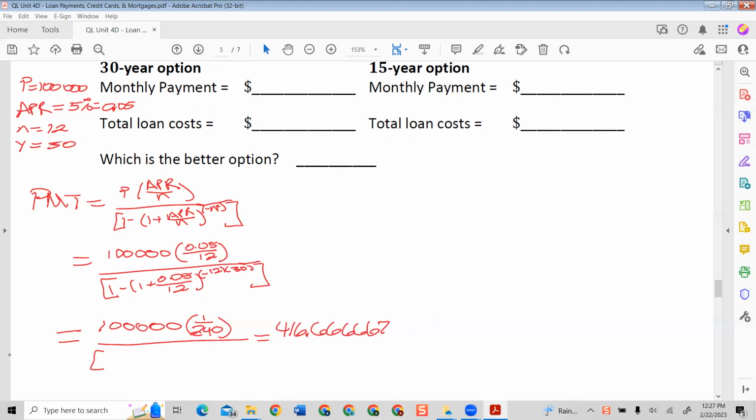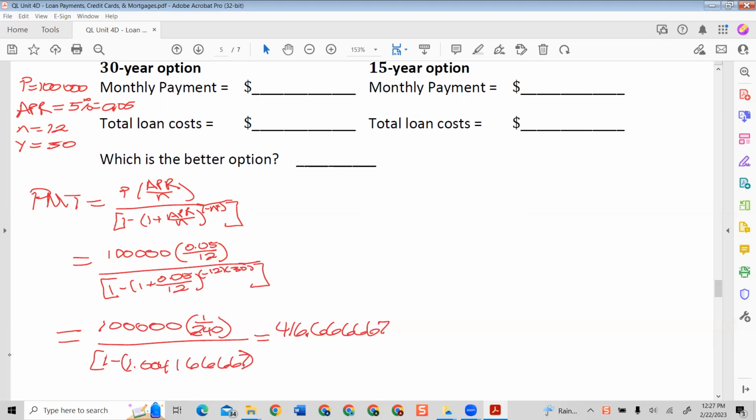But anyways, so now let's clean up the bottom. So I have 1 minus, let's figure out what's in that parenthesis. So I have 1 plus that fraction. All right, so now that's going to give me 1.00416, and the 6 is repeating for a little while.